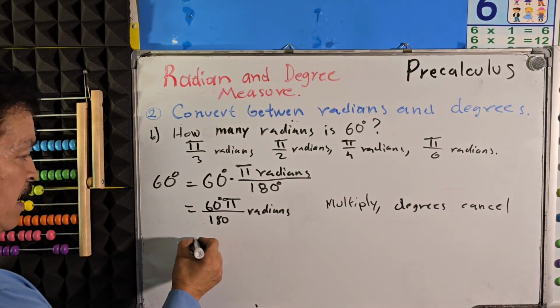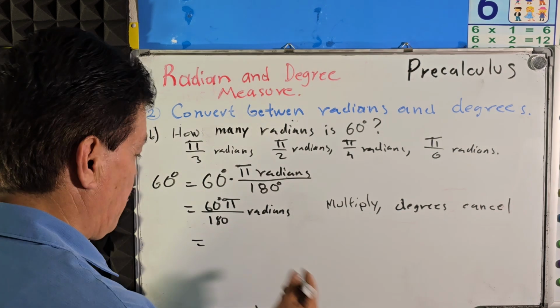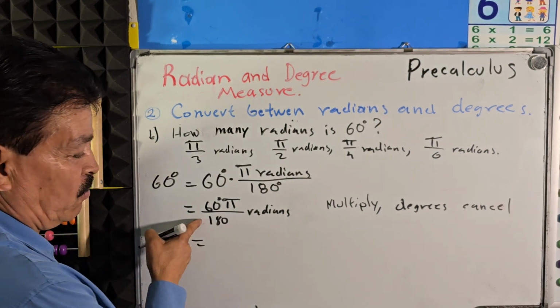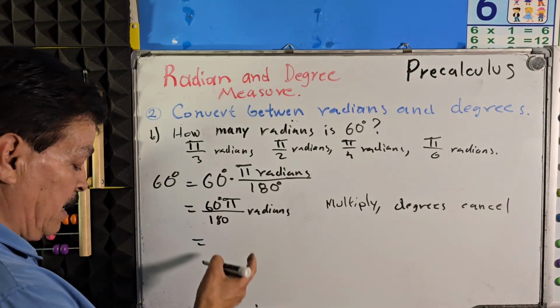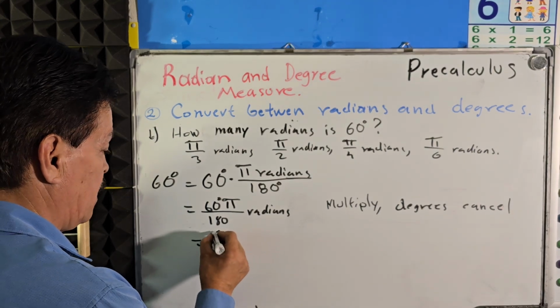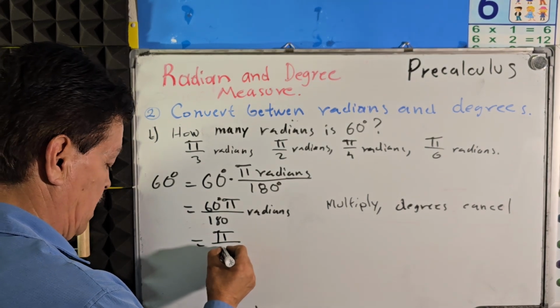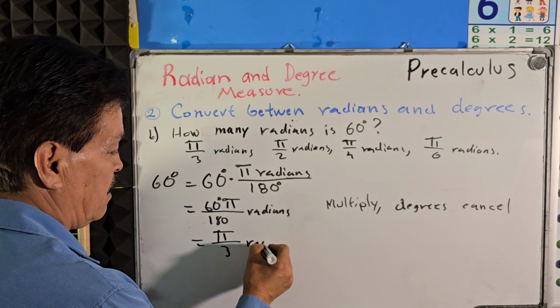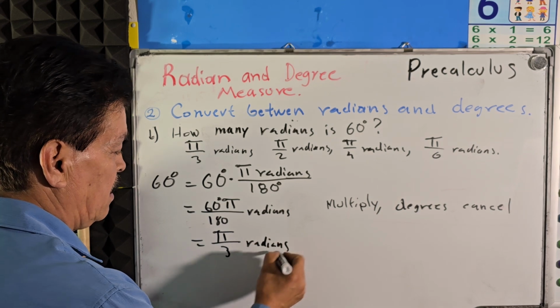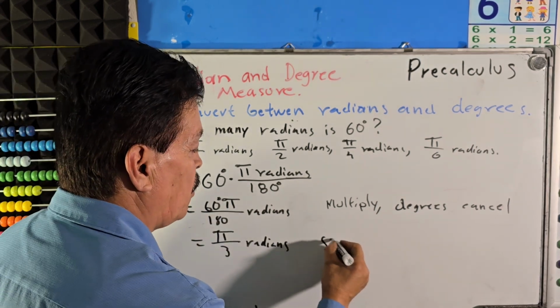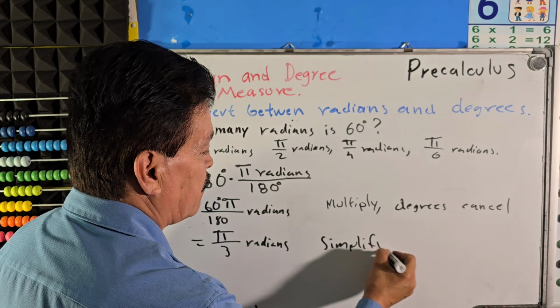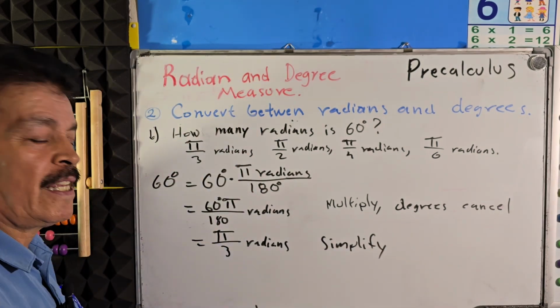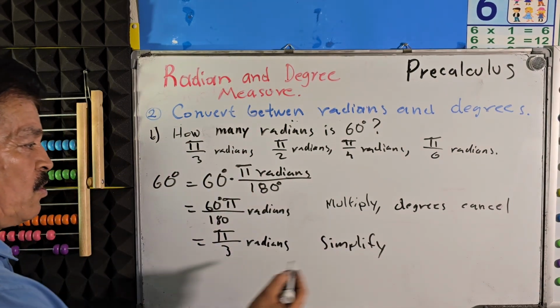Next one, simplify. You simplify here, and you see immediately, very easy, this one: pi divided by 3 radians. So this step is simplify. I didn't do anything, just simplify, and you have the answer.